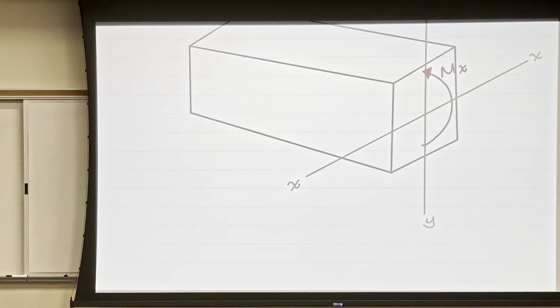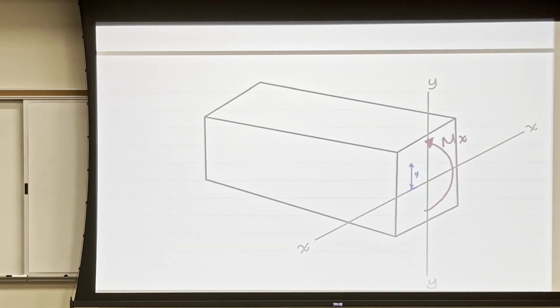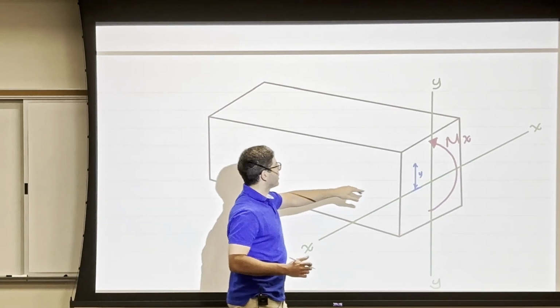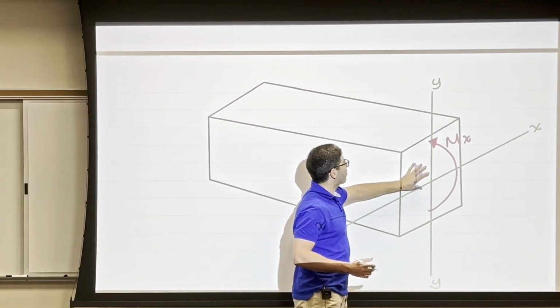And y here, with mx, you're going to take the y distance. So y, we're going to calculate from the centroid. So in my over I, this y is the vertical distance from the centroid.